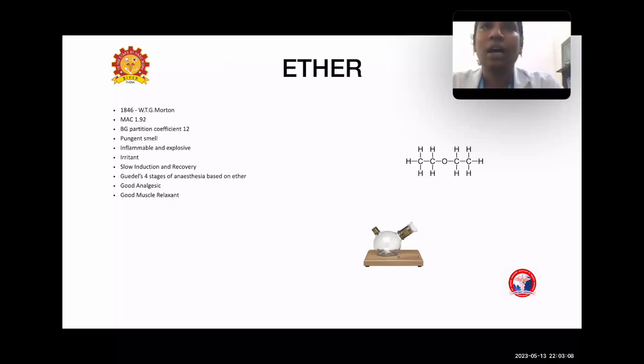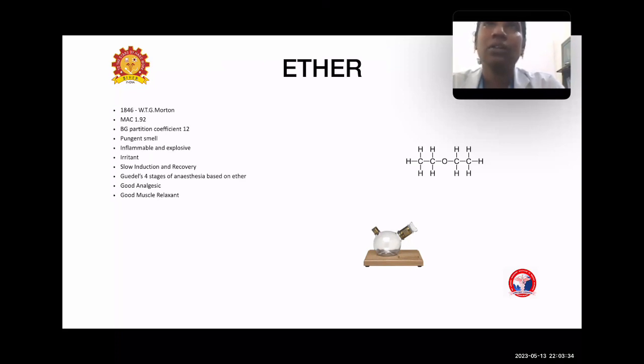And what is MAC? It is the minimum alveolar concentration. With that alveolar concentration, we will reach the desired effect of anesthesia. The MAC for ether is 1.92. Not only the alveolar concentration, we also need the blood gas partition coefficient. Its blood gas partition coefficient is 12.